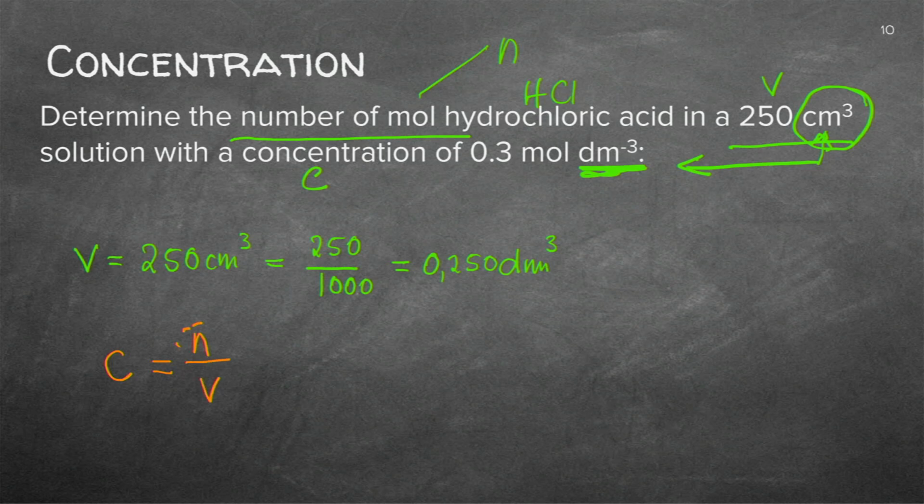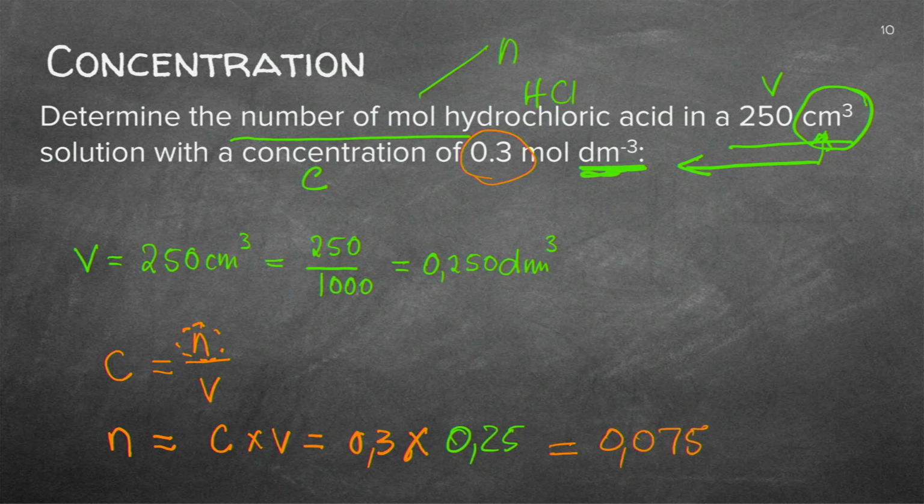They wanted me to calculate the mole, so n is equal to c times V. I've got the concentration. I had it from the beginning. I calculated the volume as 0.25 just now, and I only have to do the calculation now, and you'll get a value of 0.075. Remember, we are working out the mole, so that will be my answer with that unit.